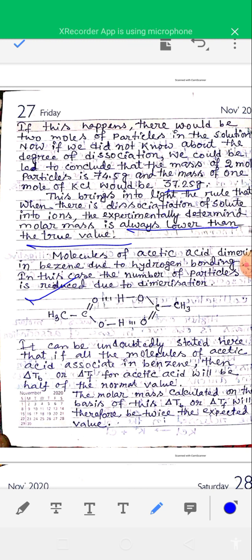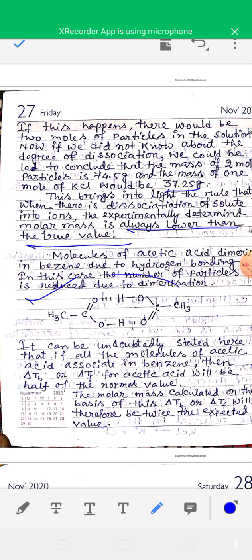Therefore, the values of different colligative properties of the solution of acetic acid in benzene also decrease. So the observed molecular mass of acetic acid in benzene solution will be double its actual molecular mass.